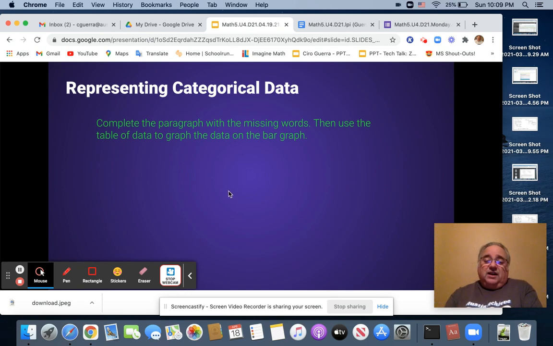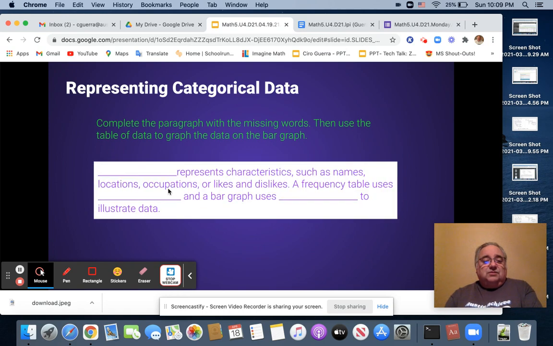So let's look at this paragraph of missing words. Blank represents characteristics such as names, locations, occupations, or likes and dislikes. If you remember your matching and your vocabulary, you have the answer to that.